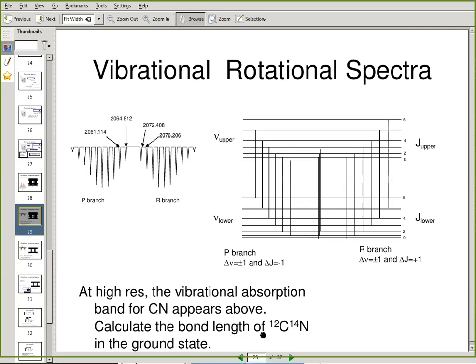Of course, in all these calculations we need a reduced mass. We can look up the masses of carbon-12 and nitrogen-14, and if we get those masses, we can calculate the reduced mass for the system. Then we've got what we need to calculate the bond length for the system.